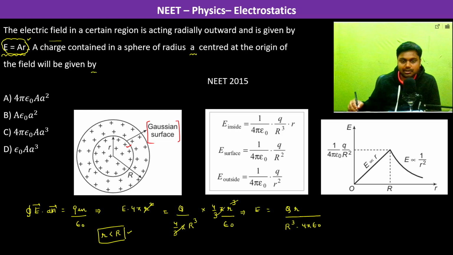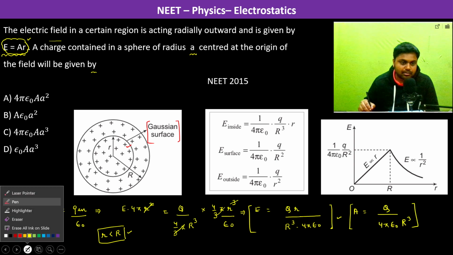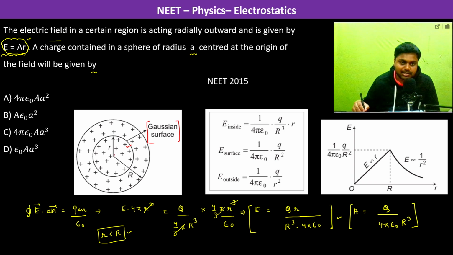Now the charge contained in a sphere of radius a centered at the origin of the field will be, so what is the charge which is contained in this radius a? At least we know this now, that A is equal to Q over 4 pi epsilon naught R cubed. Now for this radius, let us say this is radius a, how much charge is there?